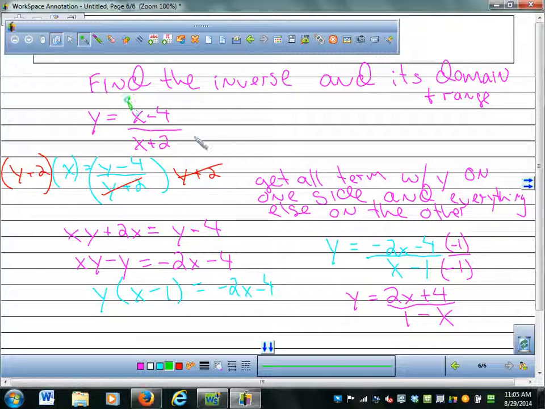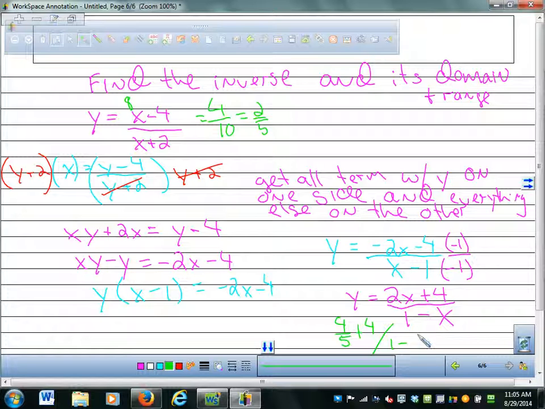Why not? If I plug an 8 in here, I get 4 over 10, right? What's 4 over 10? 2/5. Okay. So then I have to multiply 2 times 2/5. I'm just going to do it in my head. 4/5, right? Plus 4 over 1 minus 2/5. I just want to see if it works.